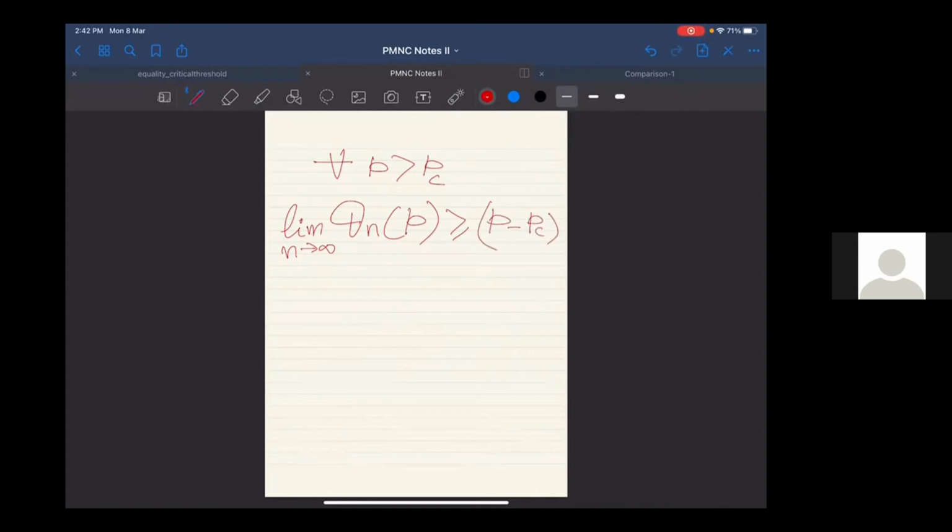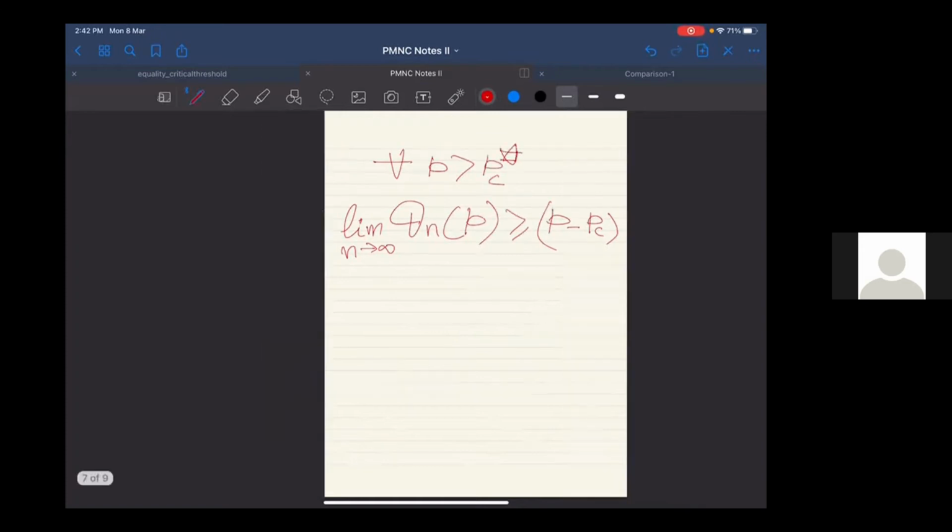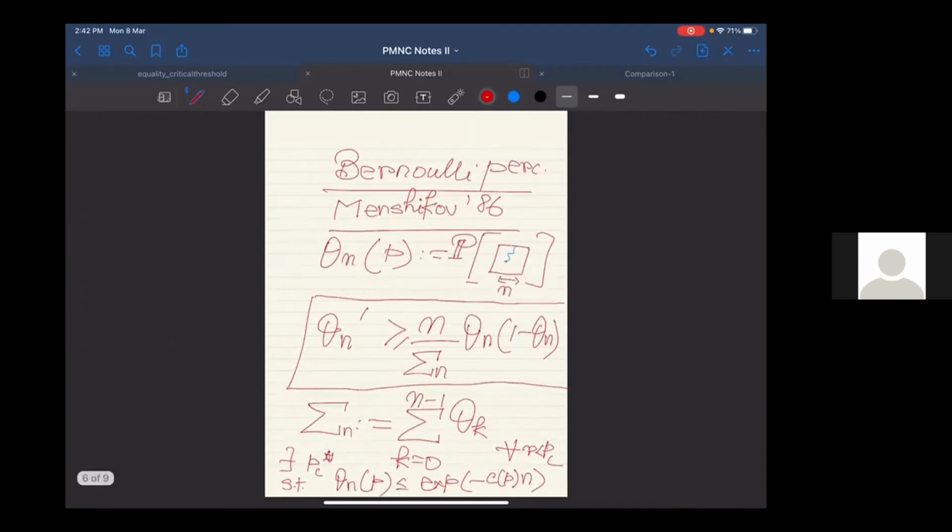So this immediately gives you that this pc star is the critical parameter. This is a different characterization. Now, what Menshikov did to prove it is that he used a very geometrical way to derive this differential inequality for Bernoulli percolation.